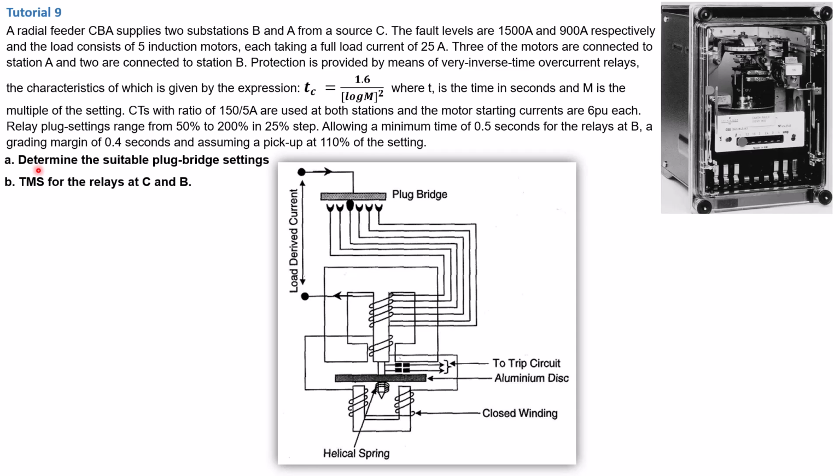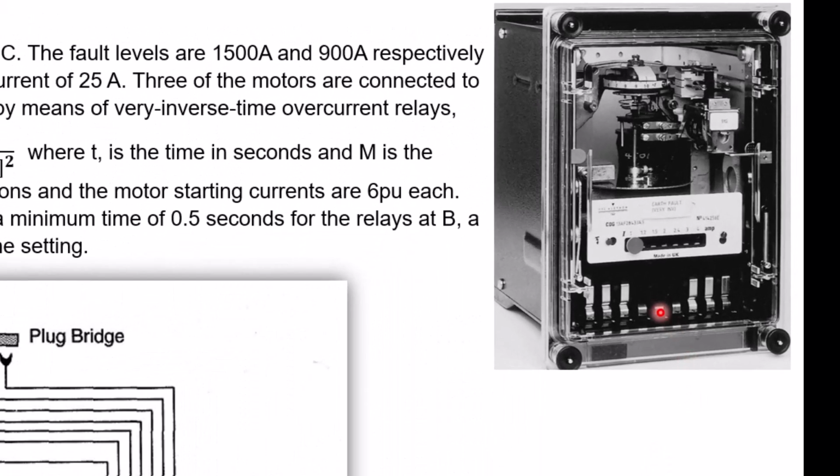The first one is to determine the suitable plug bridge setting, right? So that is the plug bridge setting that I've already mentioned a couple of times here. We need to determine where this plug is going to be moved. As you can see here, it's standing at 0.5. Now it needs to be moved from there to a specific setting, so that is very important.